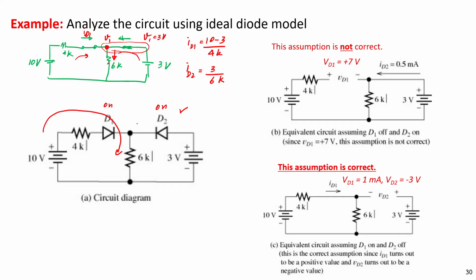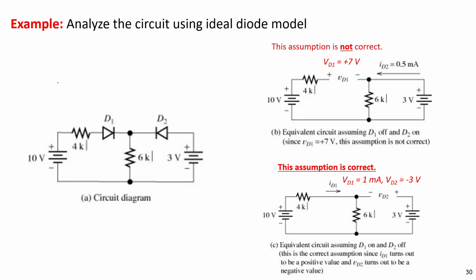If D2 is off, we will get this circuit. D2 off and D1 is on, right?